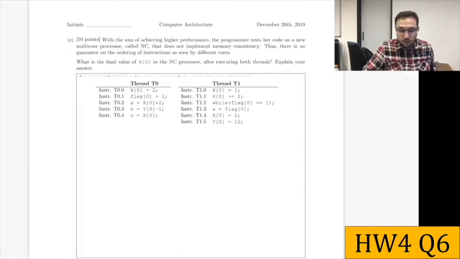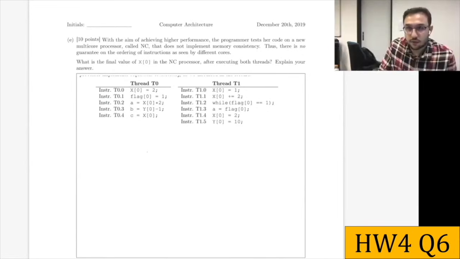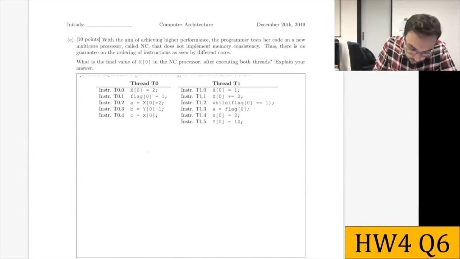In case of no memory consistency, core A can see core B's memory requests executed in different orders, rather than all of them in the order specified by the program. So in this case, we also need to look at other permutations that we didn't consider in the second part of the question. Let's look at the instructions that can change the value of X0.